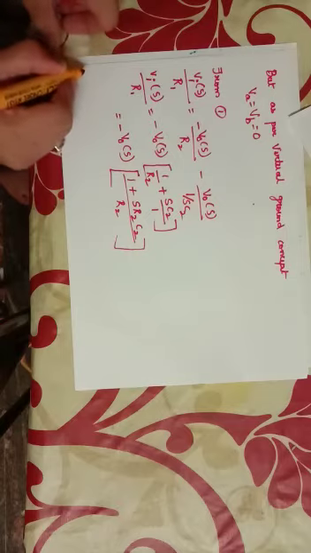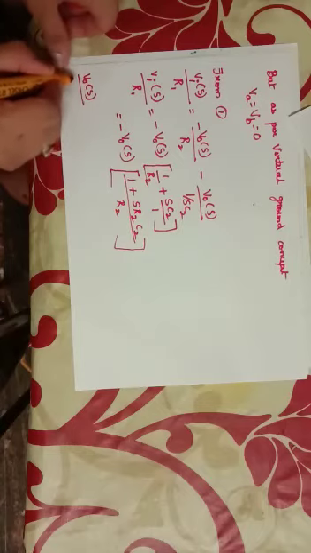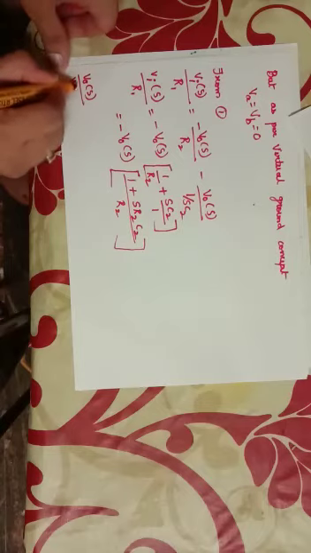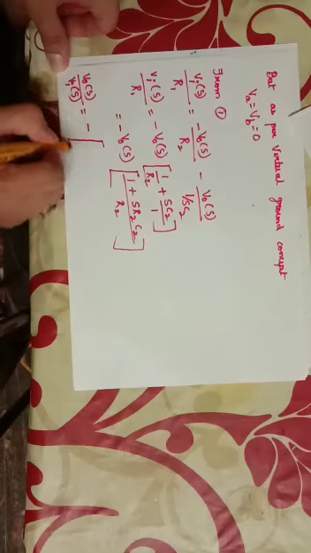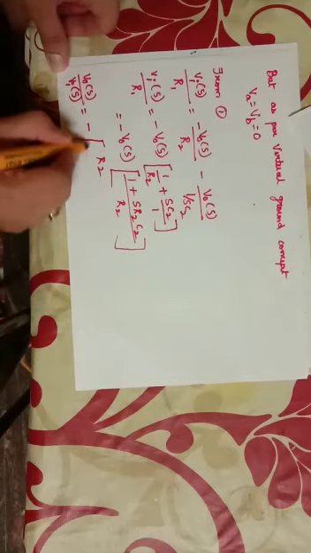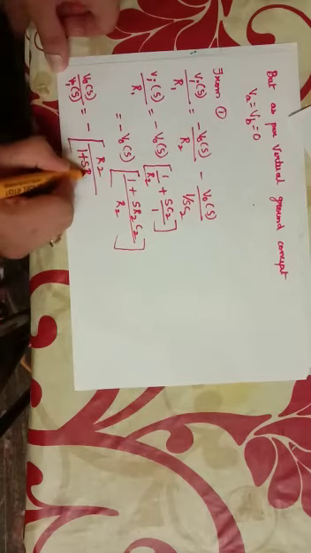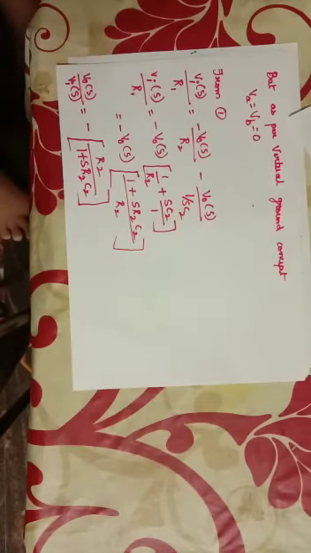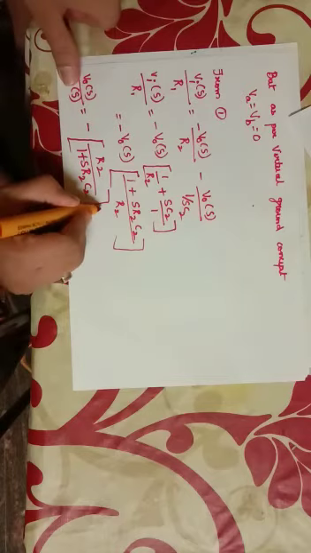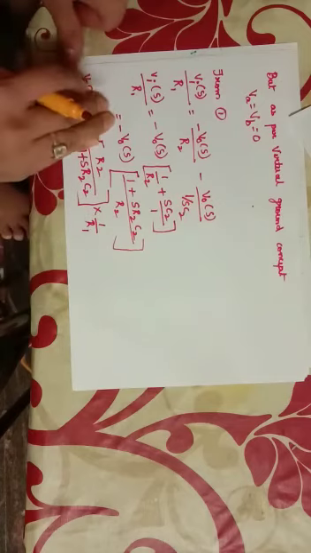Then V0 of S divided by Vi of S, that is minus R2 divided by 1 plus S R2 C2 into 1 by R1.